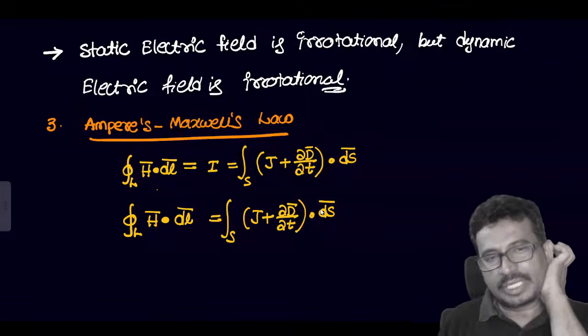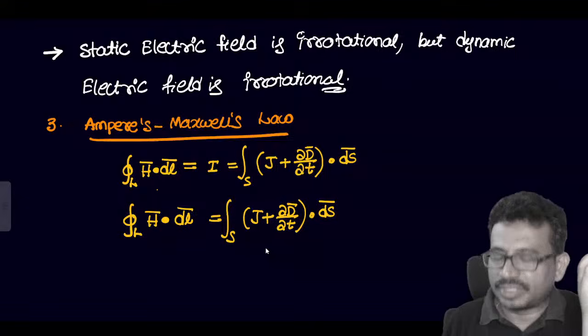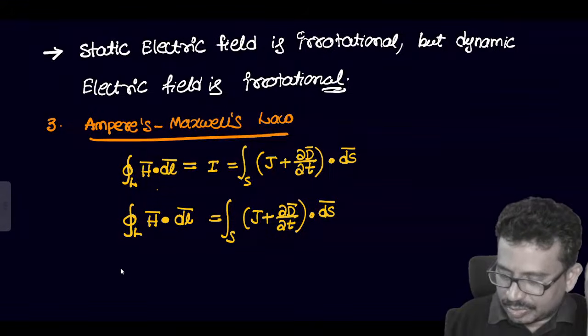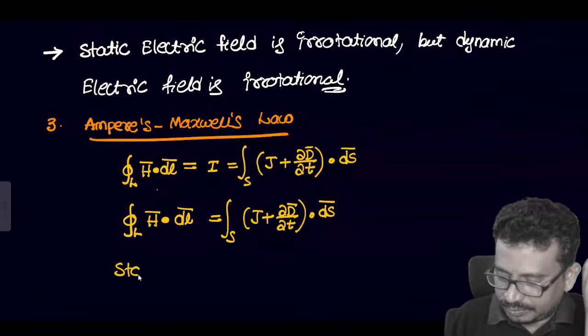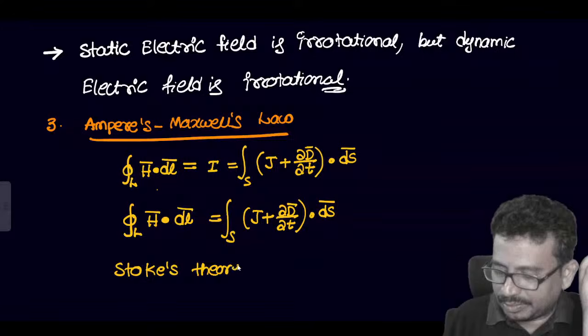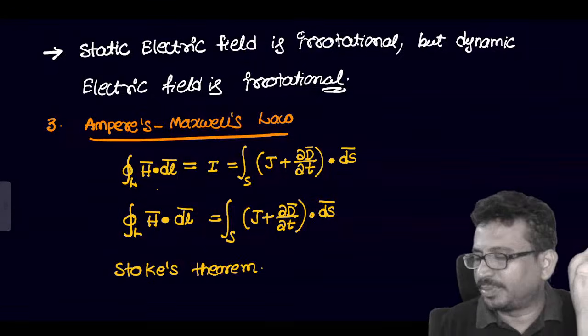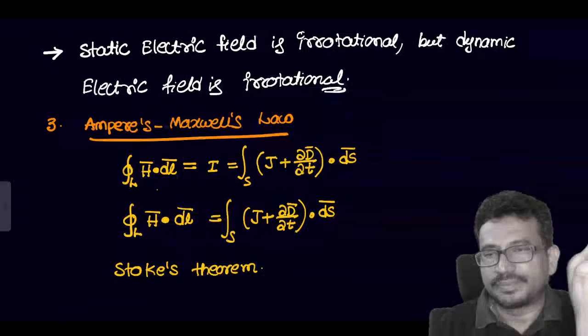Now we have a closed line integral on the left and an open surface integral on the right, so we apply Stokes theorem to convert the closed line integral to an open surface integral.